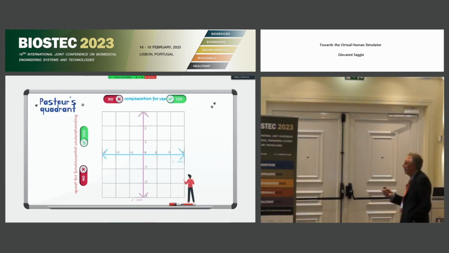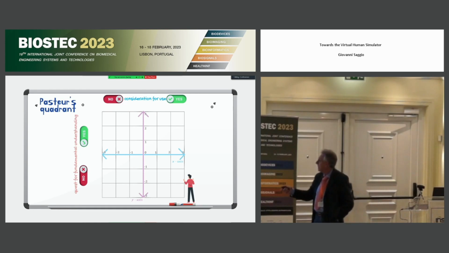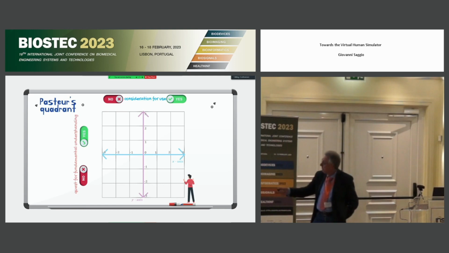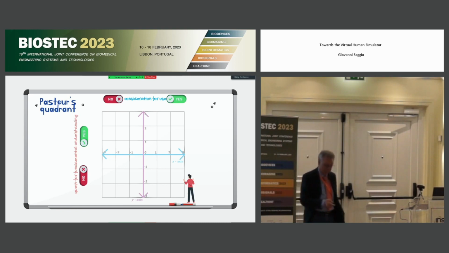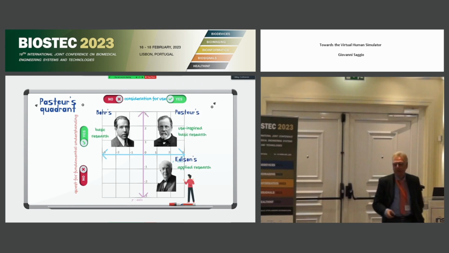I don't know if you know the Pasteur's quadrant. The Pasteur's quadrant has on the x-axis the consideration for use of something, so no consideration or yes consideration, and on the y-axis, the quest for fundamental understanding. So it means that we have three possibilities.